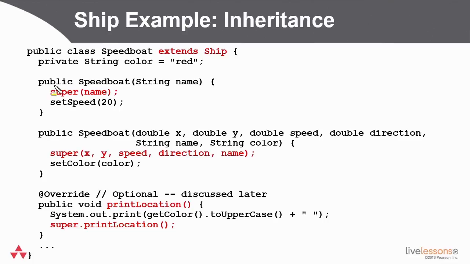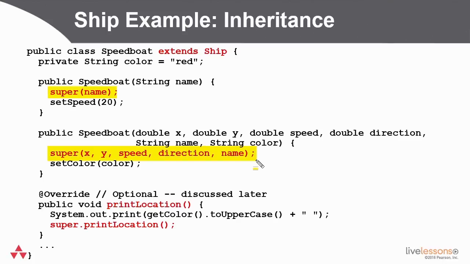So inside the speedboat constructor, you need to say, call the 1-argument constructor of the superclass of ship. And here you say, oh, call the 5-argument constructor of the parent class of ship. So this is only necessary, super on the first line of a constructor, as if it were a method call.